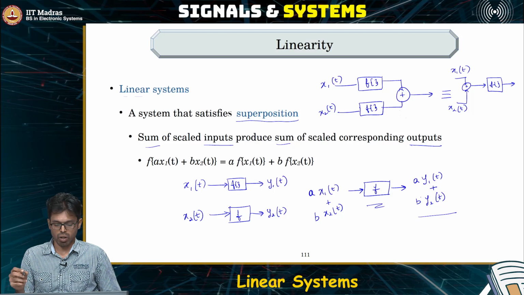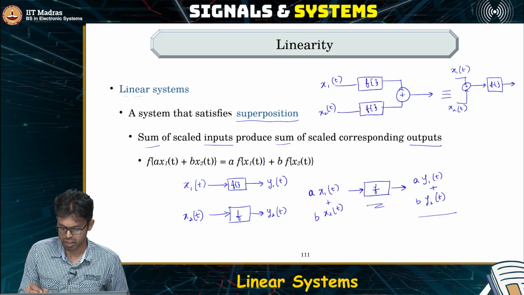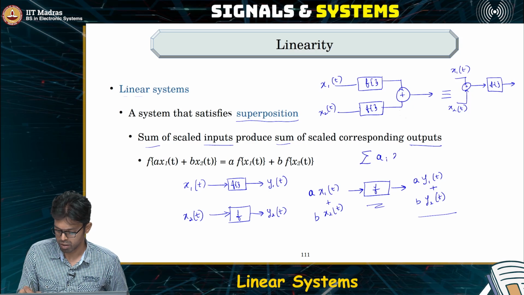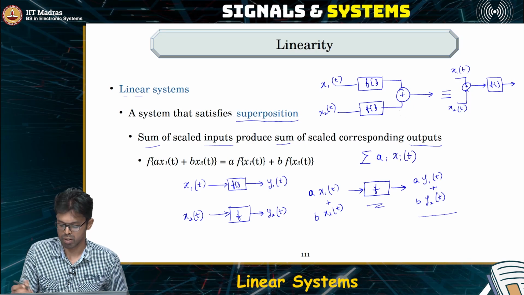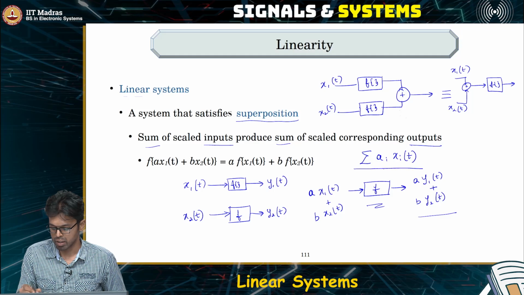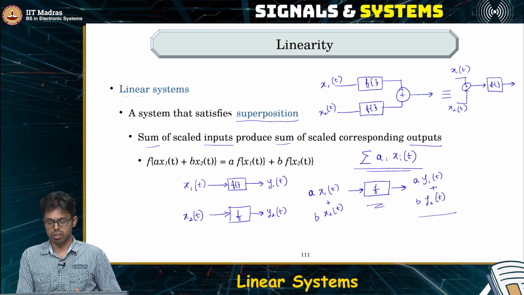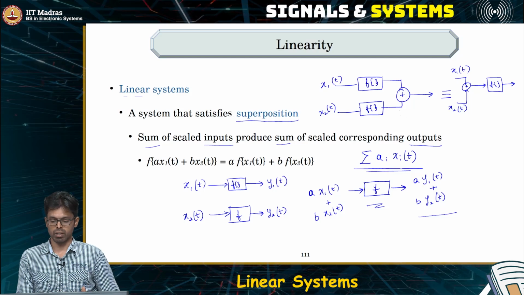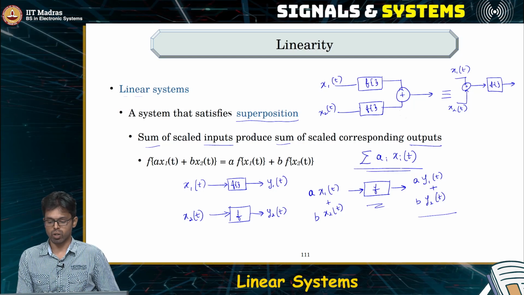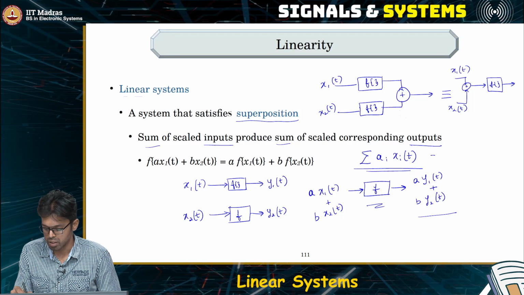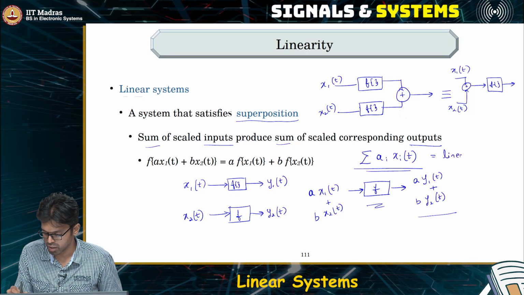We mean take the set of input signals, multiply with some constants and add them together. That is what we refer to as linear combinations, basically summing the scaled inputs.